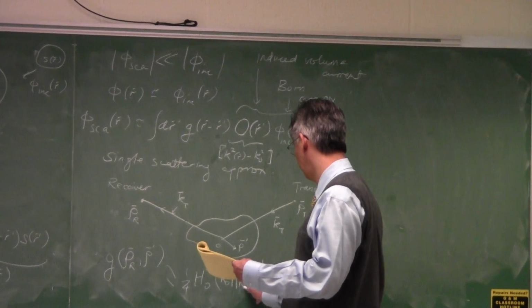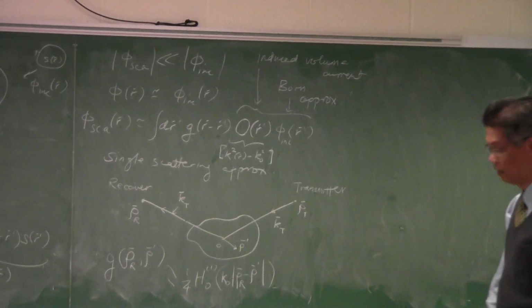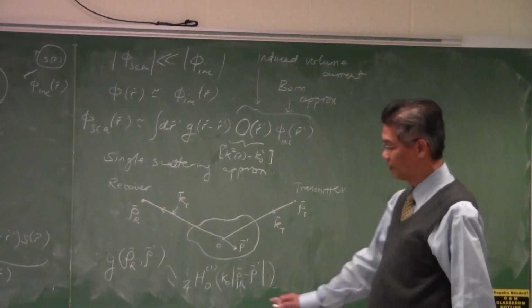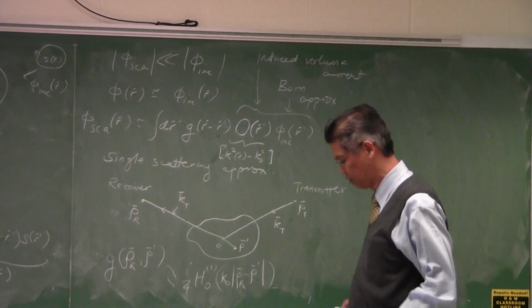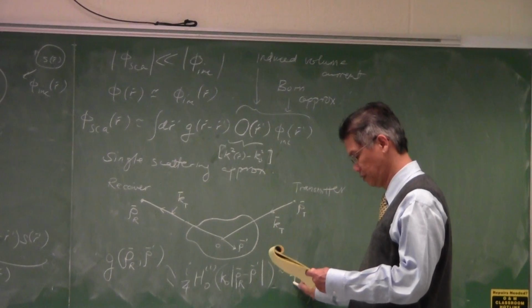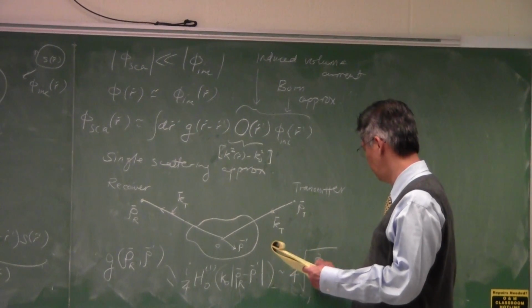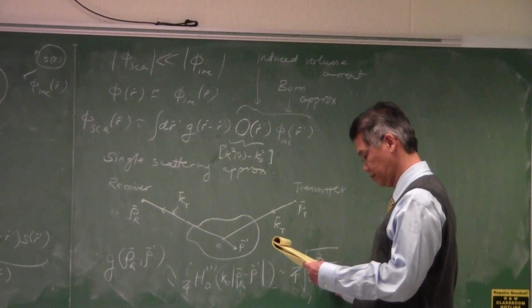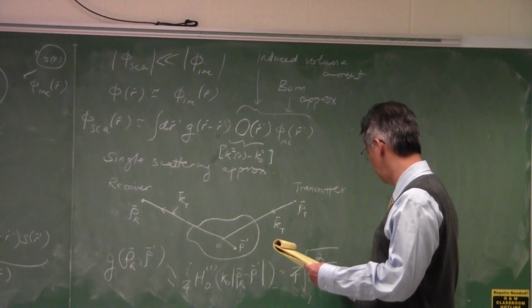with the receiver here. Okay, and if I'm assuming myself to be in the far field, I can use the large argument approximation for the Hankel function, and this would become i over 4 times square root of 2 over i pi k naught rho r.